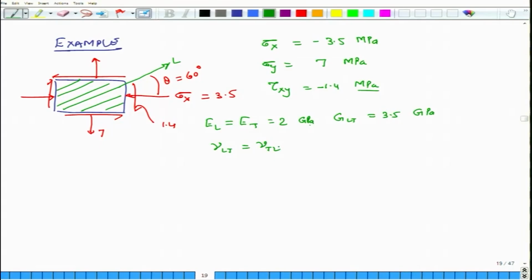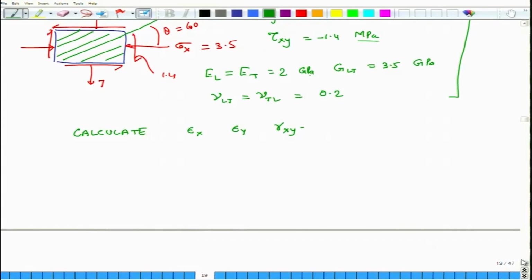So, it looks like this is a balanced lamina, and this is equal to 0.2. So, these are the data and the question is to calculate the strains in the x direction. So, epsilon x, epsilon y and gamma xy, these are the strains we have to calculate.